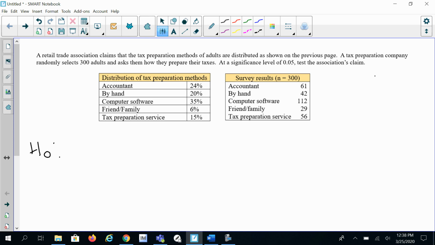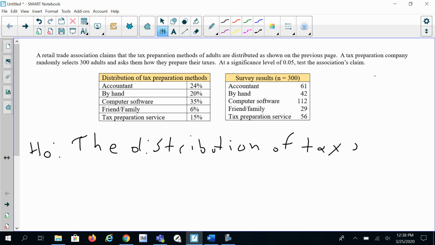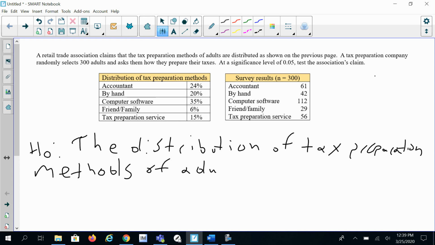So our null hypothesis is going to be the distribution of tax preparation methods of adults. So there's our context, and then we say matches the given distribution.